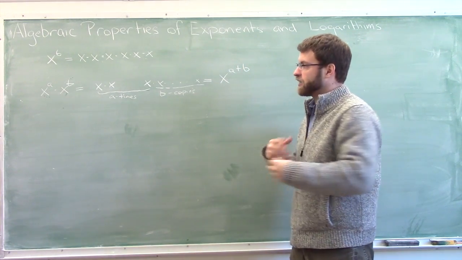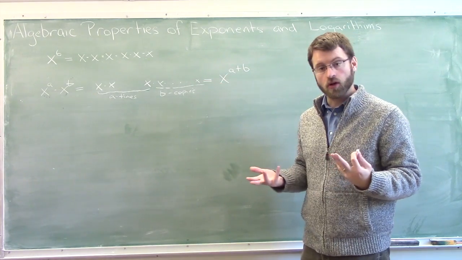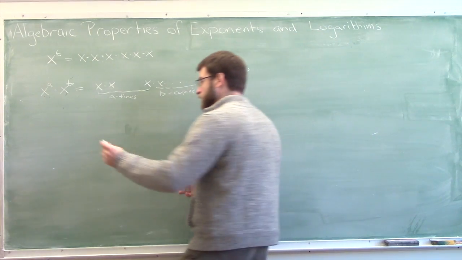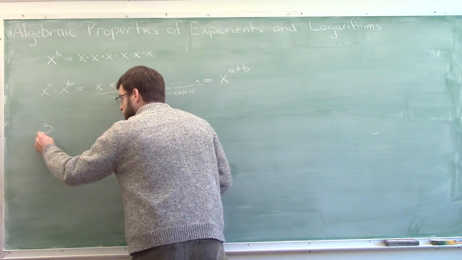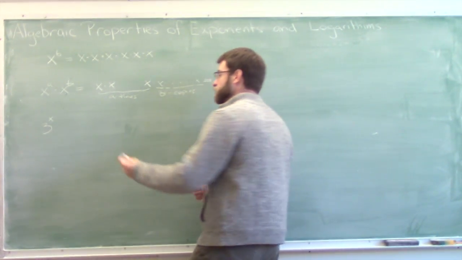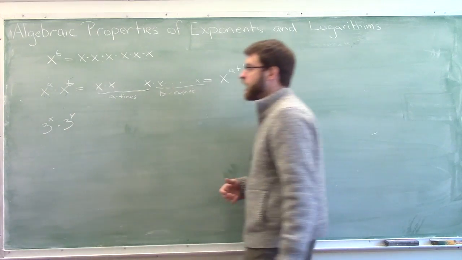This property extends and is usable with exponential functions as well as with polynomial functions. So if we reverse the roles of, say, a and x, say I have an exponential function, maybe I have 3 to the x power. That's an exponential function. And maybe I have 3 to the y power.